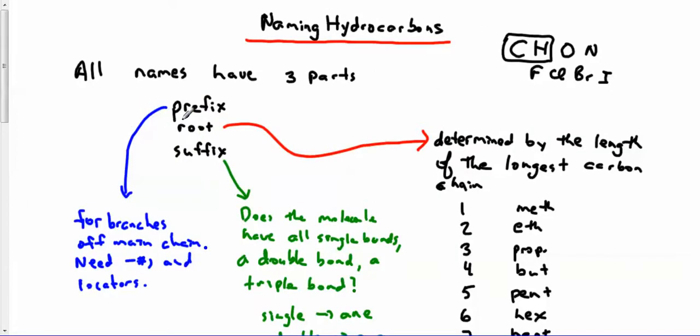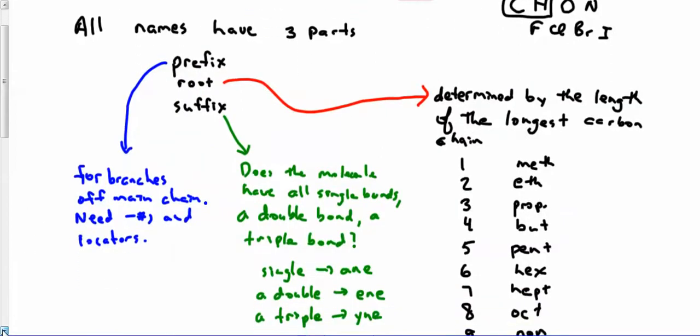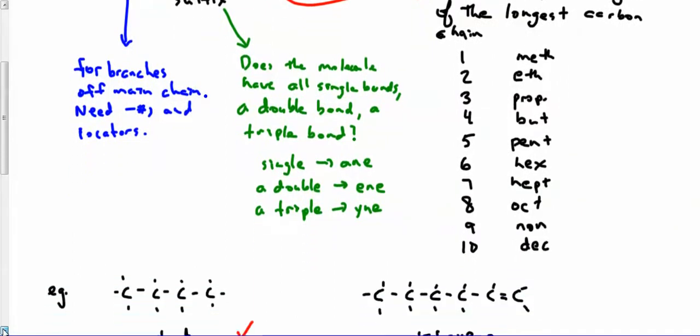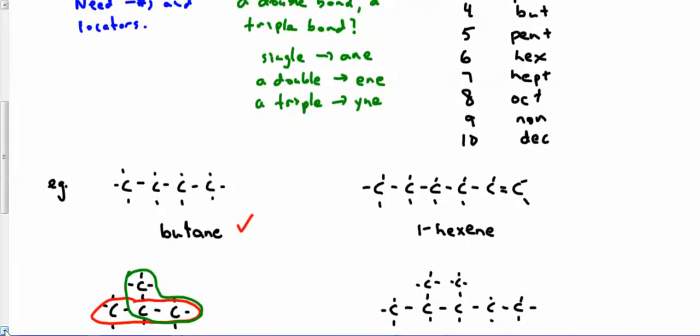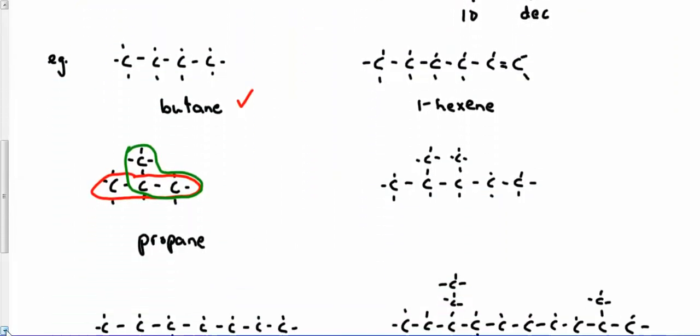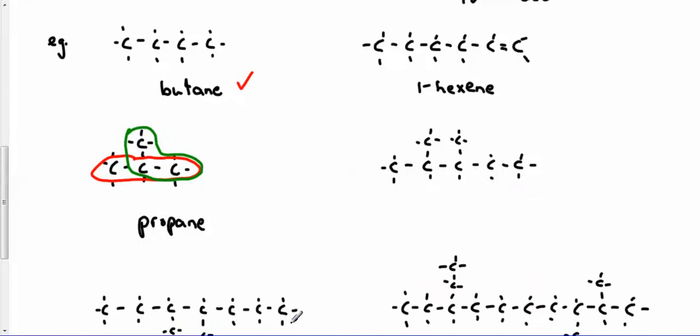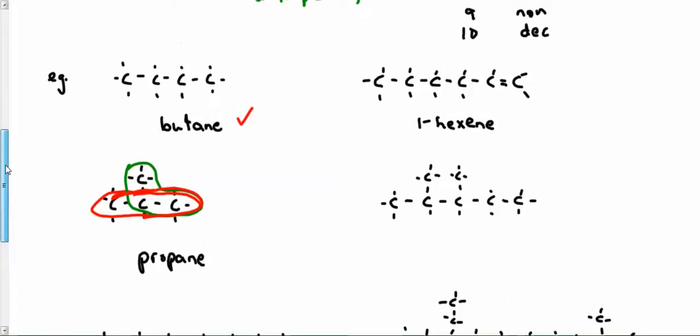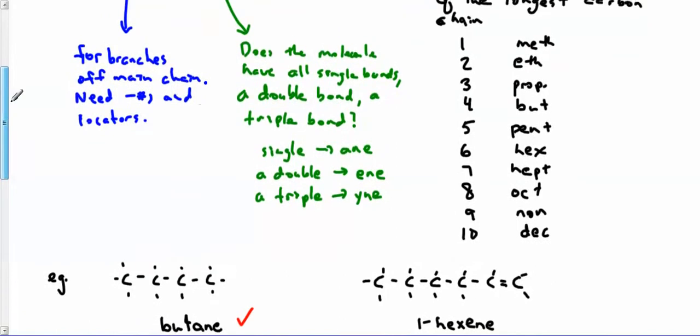But now I've got something all around. If I decide that I'm focusing on this guy as my longest chain, I've got this little 1-carbon branch bud sticking off here. It's 1 carbon long, so I'm going to use the same chart up here for my roots.